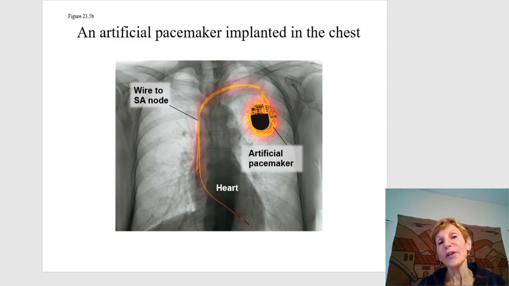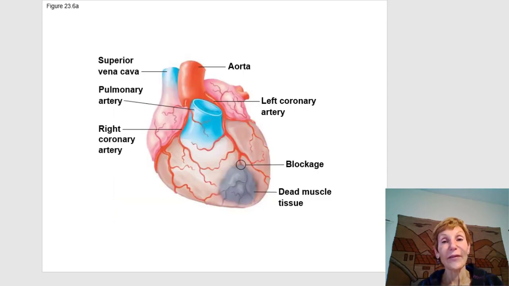Then we finished off talking about what a heart attack is. A heart attack is literally death of some of the cardiac muscle, and it all depends on which part of the heart and what level of damage whether the person is going to survive or not. A heart attack is due to a clog or a partial obstruction or a full-on obstruction in a coronary artery.